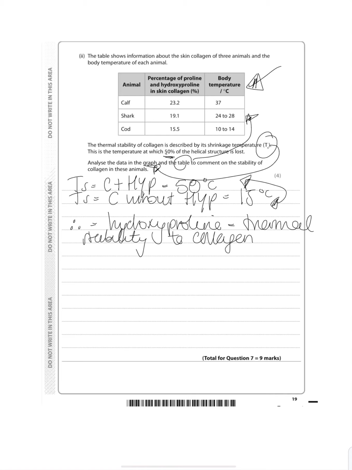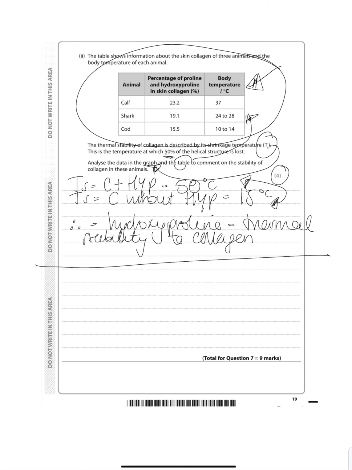As soon as we put hydroxyproline, the TS value was 50 degrees. That's a big jump. And now we start analyzing the table, because it's 4 marks. 2 marks would be for the graph and 2 marks would be for the table.